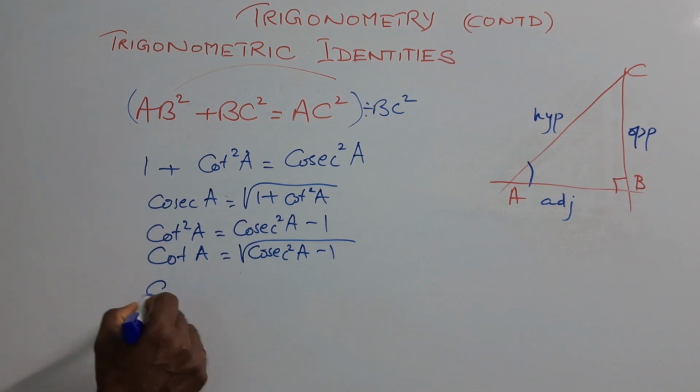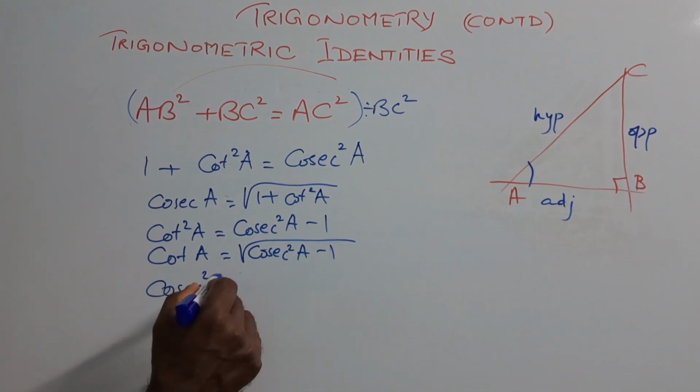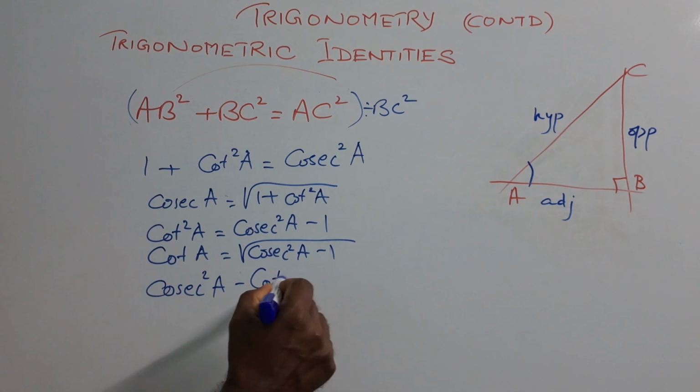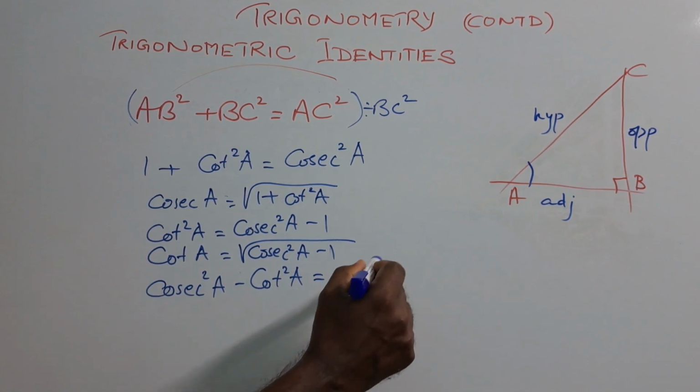And finally, cosec square A minus cot square A equals 1.